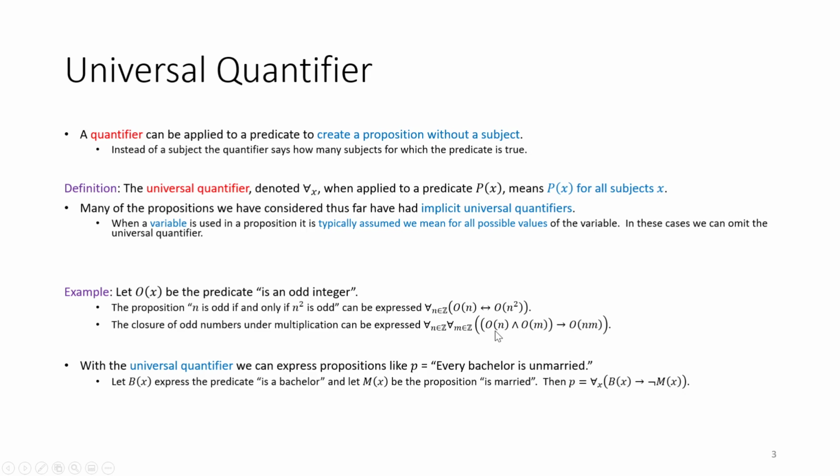It's saying if the two integers we've selected, n and m, are both odd, then n times m is odd. And that's the idea behind the closure of odd numbers under multiplication. And in fact, since the even numbers are also closed under multiplication, this could be replaced with an if and only if as well. Okay.